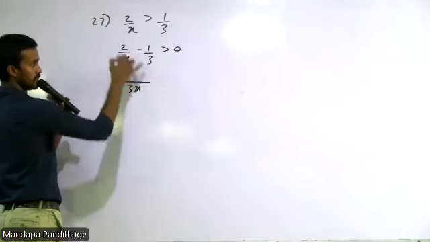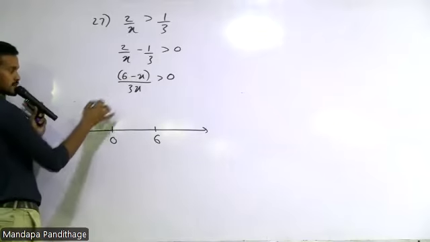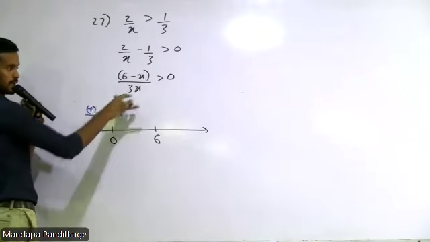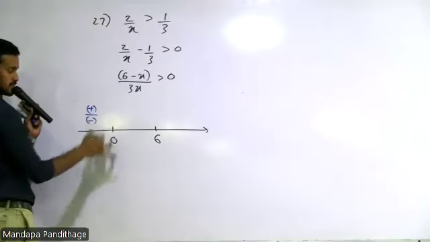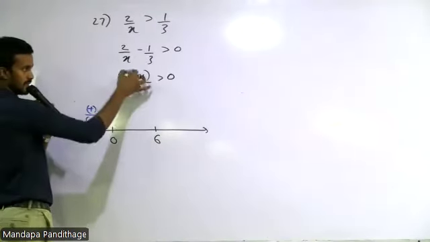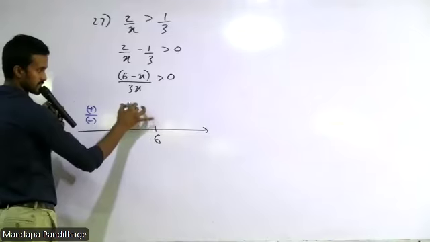When you think of a number less than 0, let's say minus 1, 6 minus minus 1 is plus, but x is minus. In between, let's say 3, 6 minus 3 is plus, and x is plus. Anything greater than 6, let's go like 8, this is minus, this is plus.